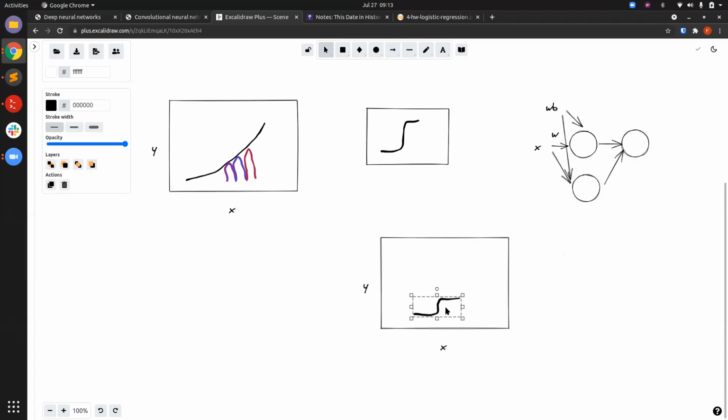I can keep adding as many bumps as I want, and I can adjust their position along the x-axis, and I can adjust their height. So I can put these together in any way I want so that their weighted sum at the output can create as many of these little bumps as I need. And I can then approximate any continuous function to some desired degree of accuracy.